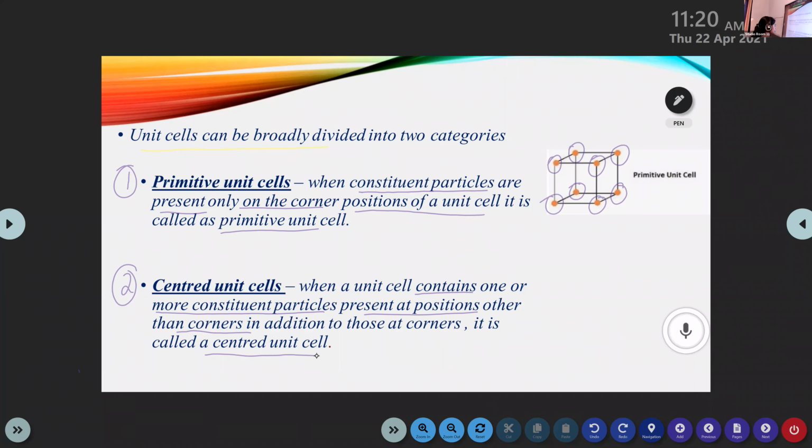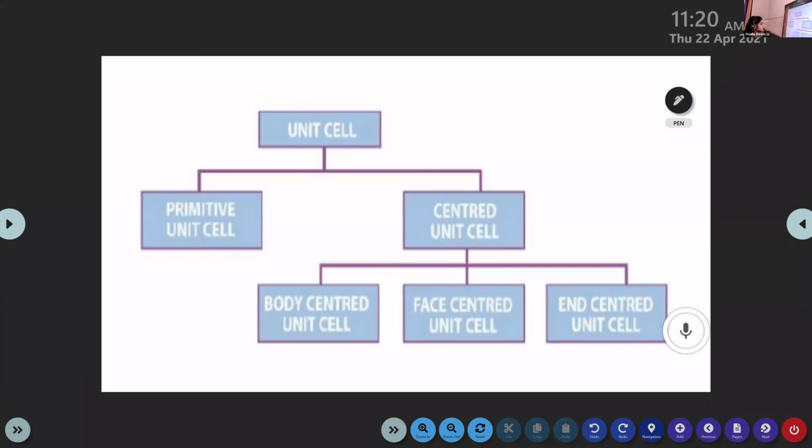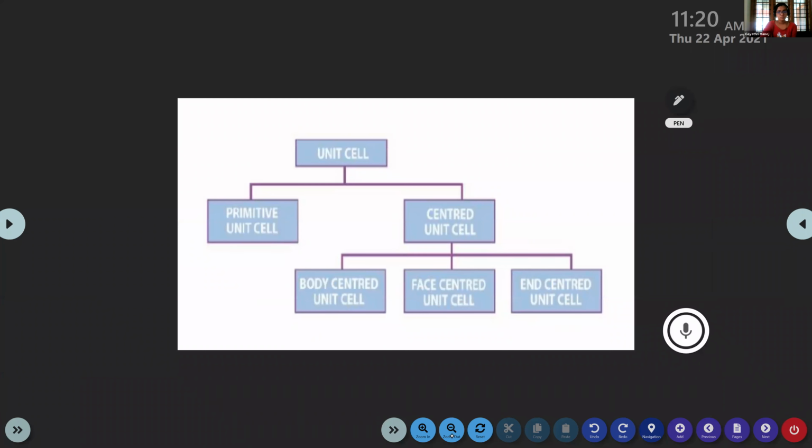So we can again classify this centered unit cell. Is this image clear for you? So the unit cell is classified into primitive and centered unit cell. This centered unit cell is again classified into three types. First one, body centered unit cell. Second one, face centered unit cell. And third one, end centered unit cell.